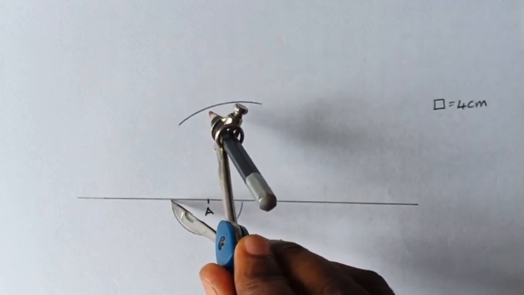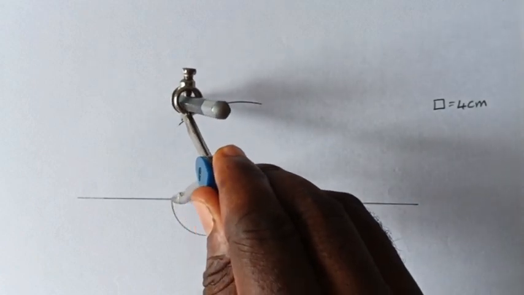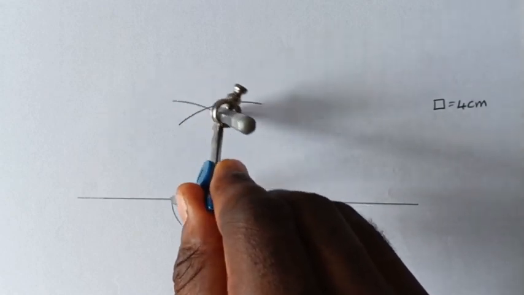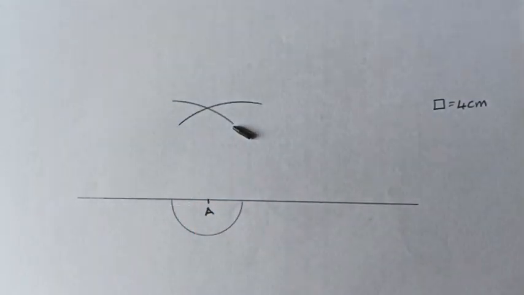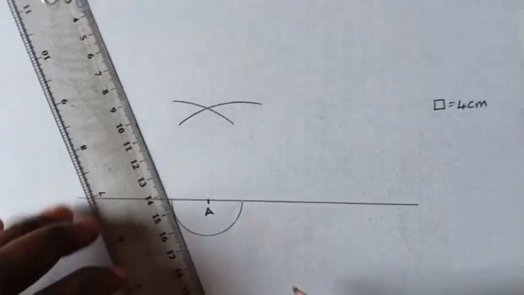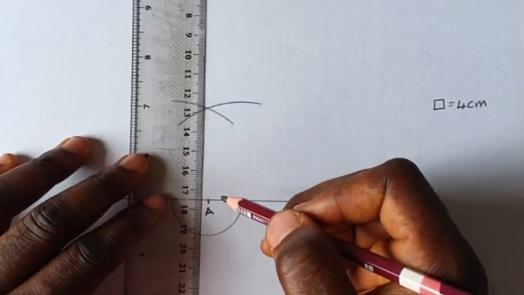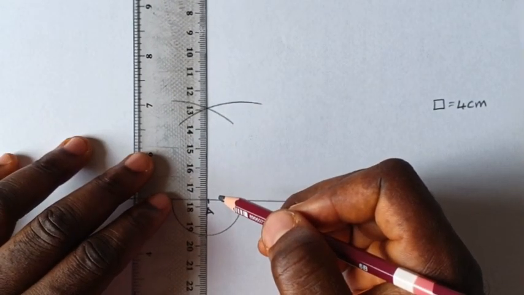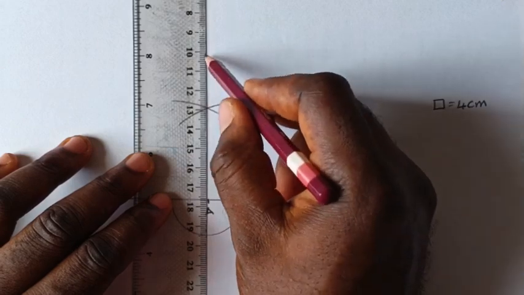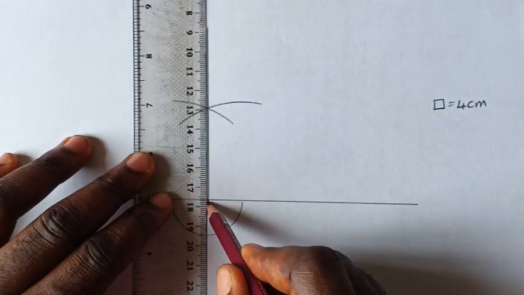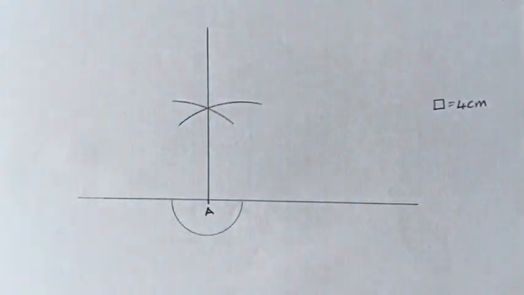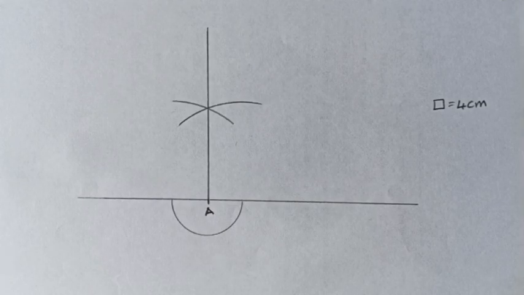At this point too, using that same radius, you now strike another arc. Now the next step is to join where the line intersects with the origin. So this is the first step, and this is how to construct a perpendicular.